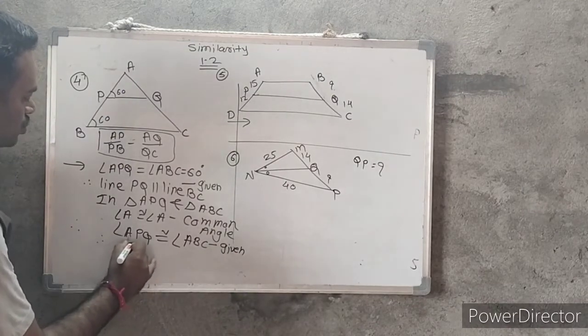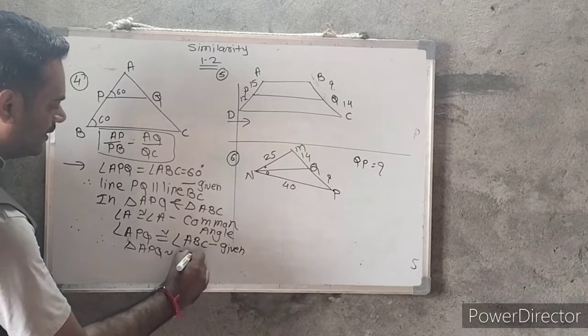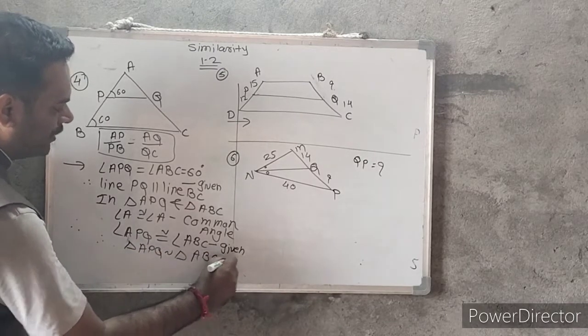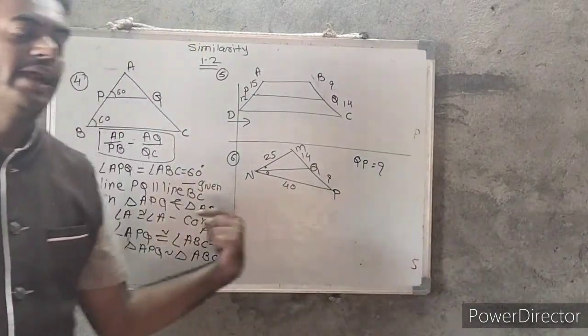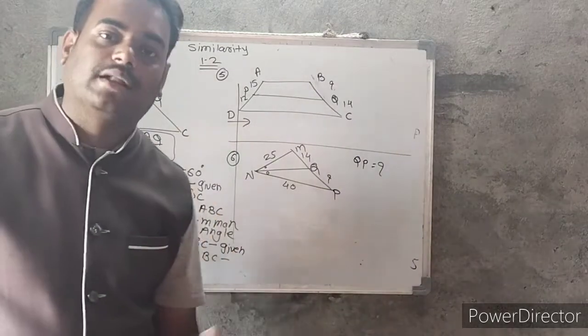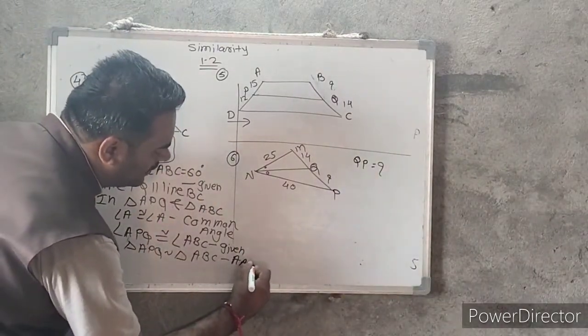So that's why triangle APQ is similar to triangle ABC. By which test? If two angles are congruent, then the two triangles are similar. Surely, definitely, that is the angle test.